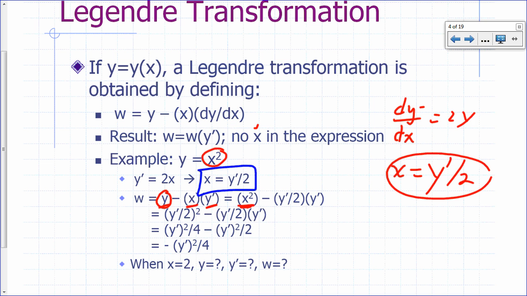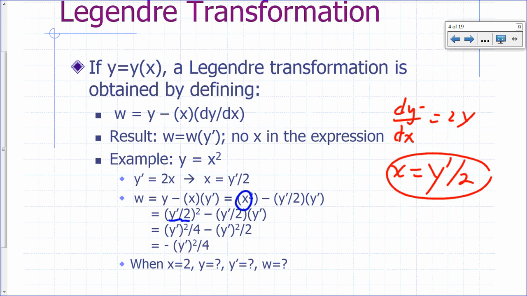Okay, so x squared minus, what is x in terms of y prime? It's y prime over 2, and then there's y prime right there. Okay, and like I said, I don't like that x. I'm going to replace that by y prime over 2.